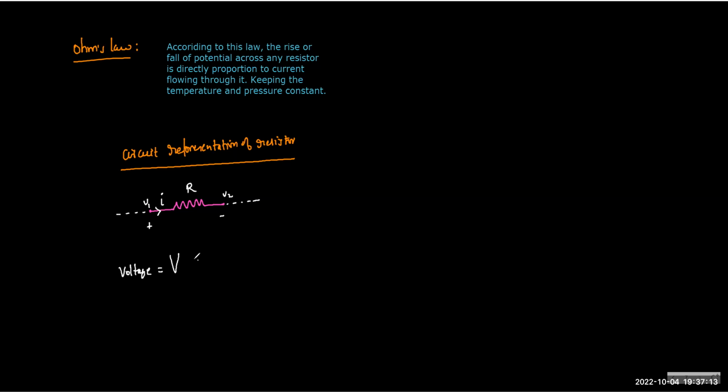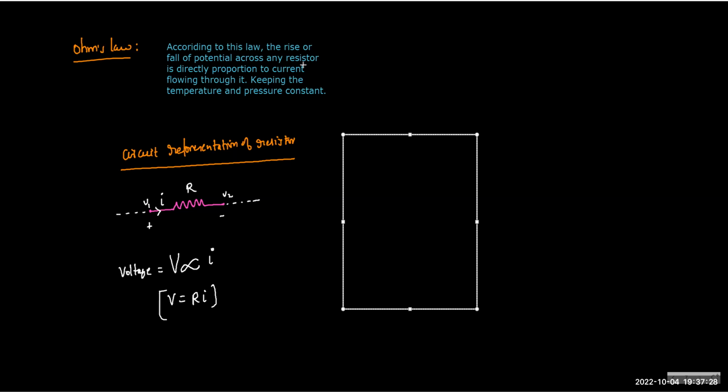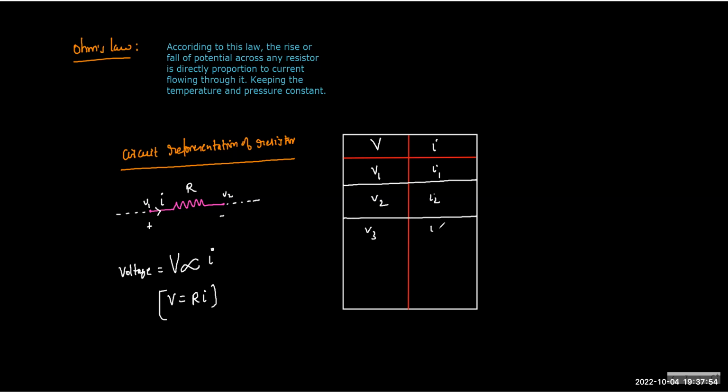You can take the value as proportional to the current flowing through it, and therefore you write V equals some constant times I. This constant we call R. The R was the consequence of Ohm's law. When he tried to investigate what R is, he applied a potential difference, that is the voltage, and got some current. When he applied potential difference of value V1, he got current I1, then V2, I2, then V3, I3, and so on.